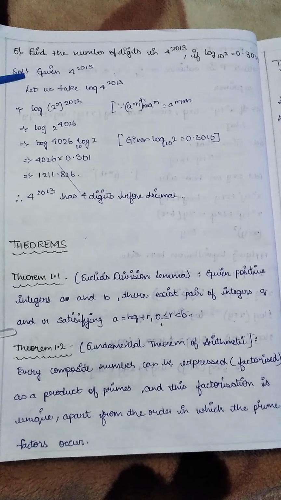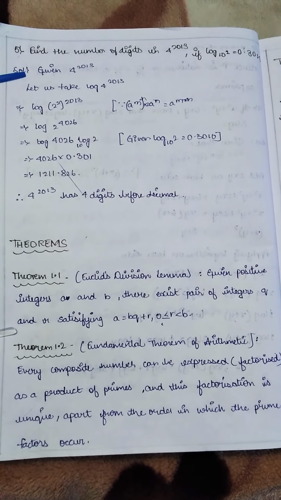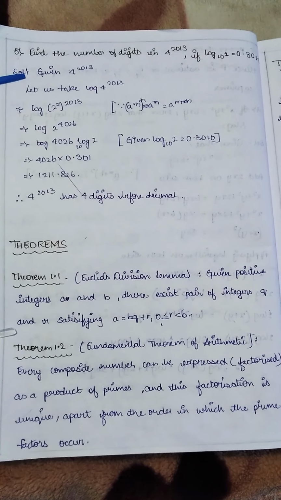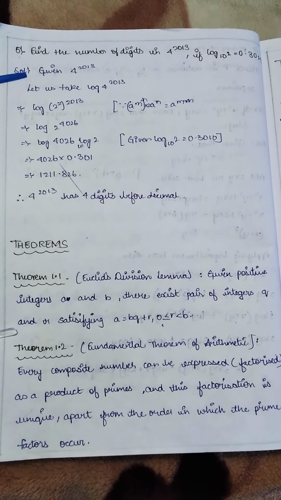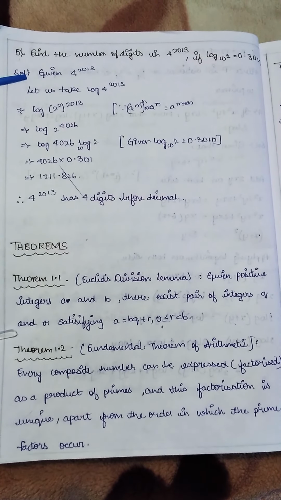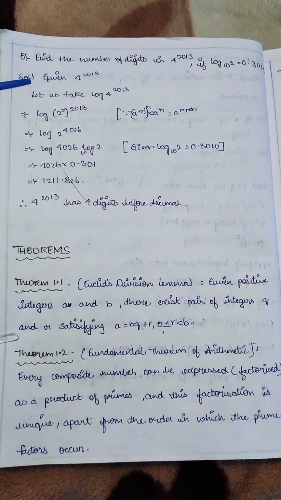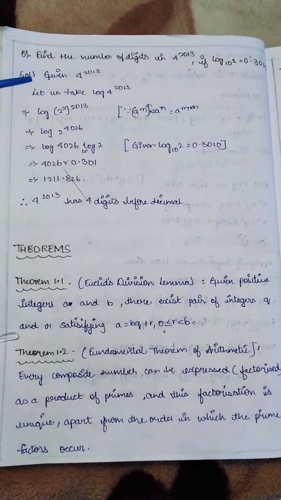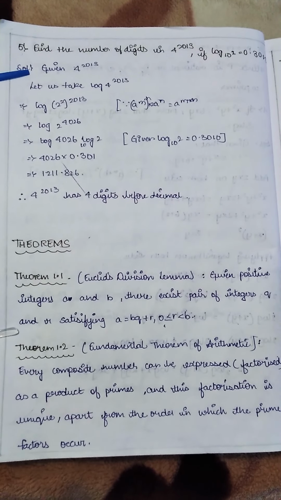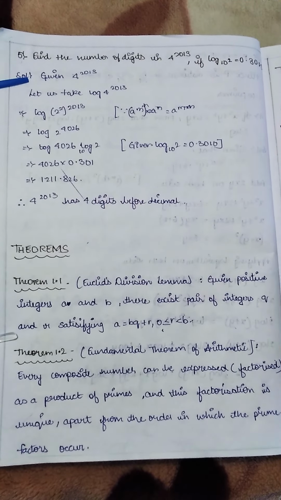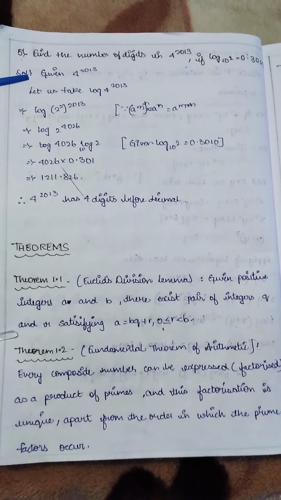A composite number has more than two factors, and it can be expressed as a product of primes, which are divisible only by 1 and the number itself, that is 2, 3, 5, 7, 11, etc.